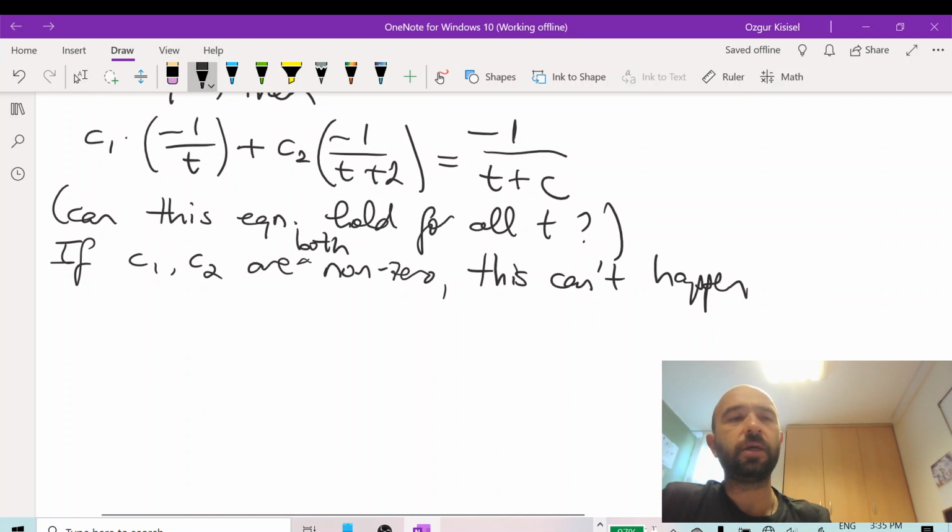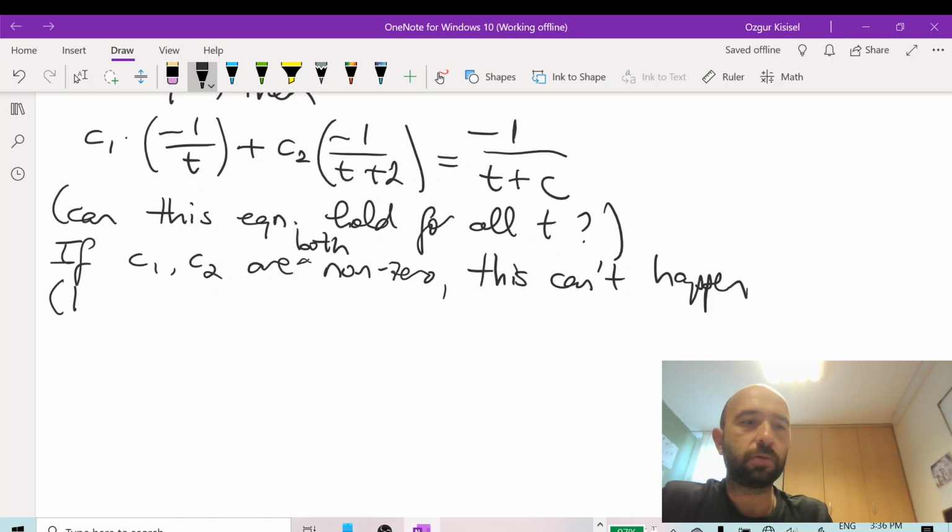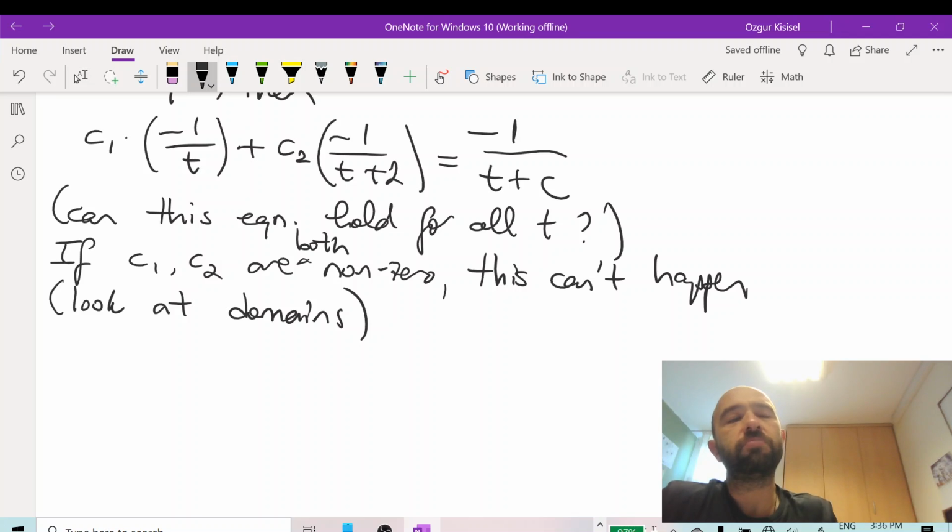The left-hand side is a function whose domain misses t equals 0 and t equals minus 2, right? So look at domains. The left-hand function will have two missing points in its domain, and you will have vertical asymptotes there.